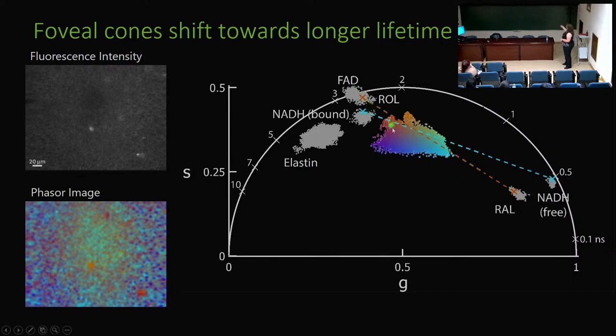And so for some reason, these foveal cones almost seem to have more retinol, more FAD, more bound NADH. Hard to say exactly what it is yet, but they're shifting up there. But you still see the S cones here. You see very clearly the S cones falling in this region here. There should be some S cones within the fovea as well, and so we can start to probe that as something interesting to look at down the road.